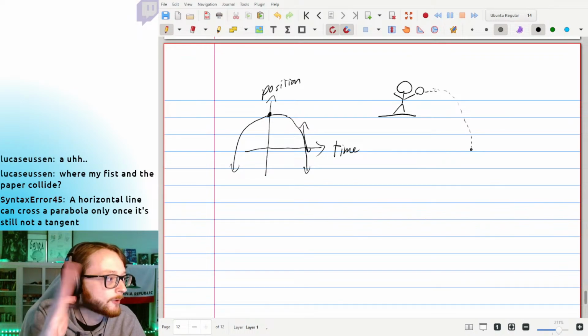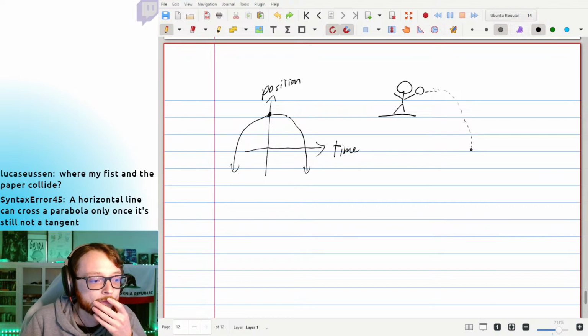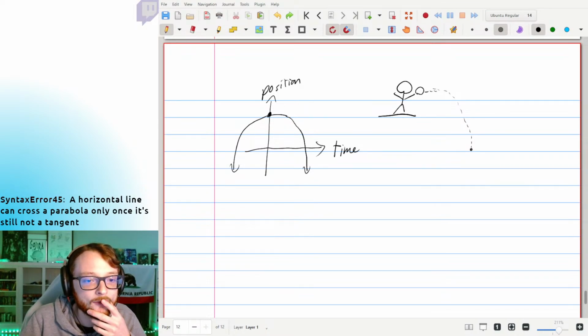So the line gets steeper and steeper because it's moving faster. And so people got interested in how we can find the equation for the tangent line.